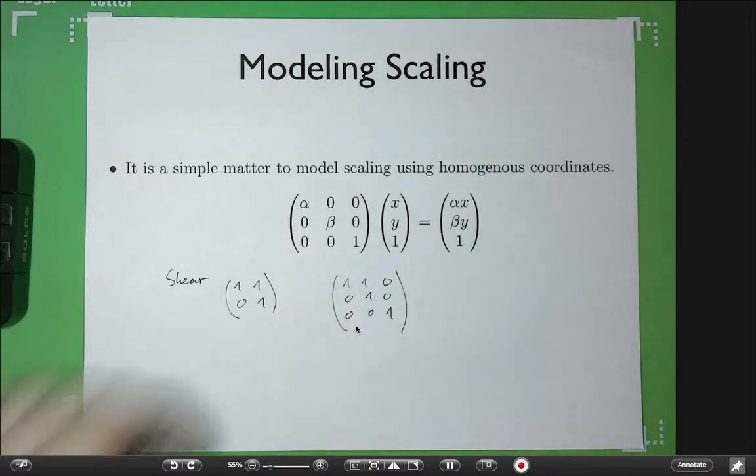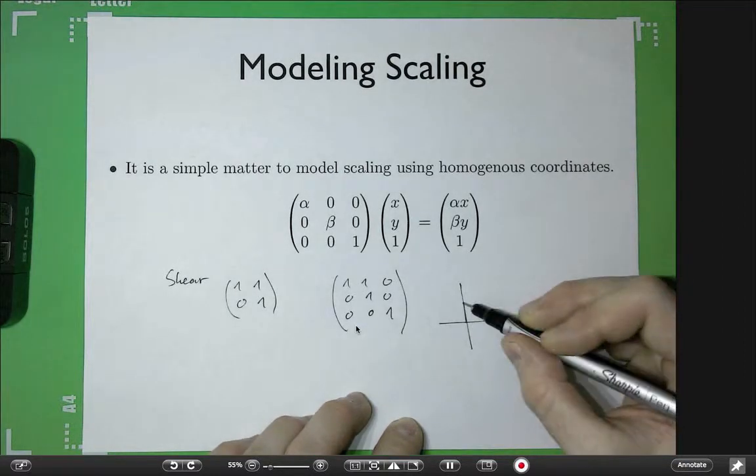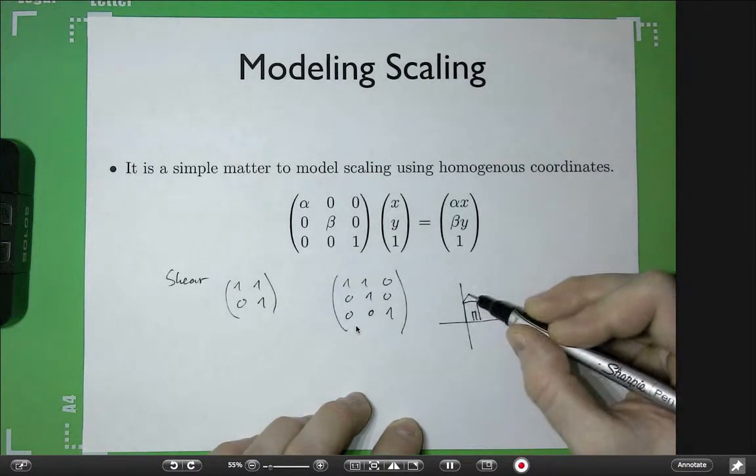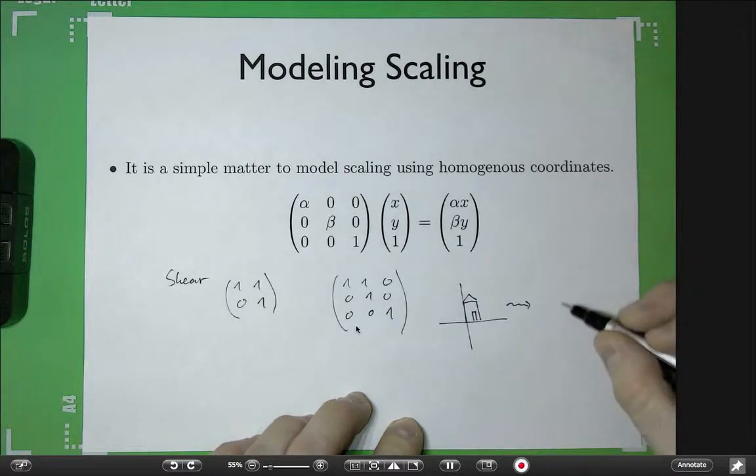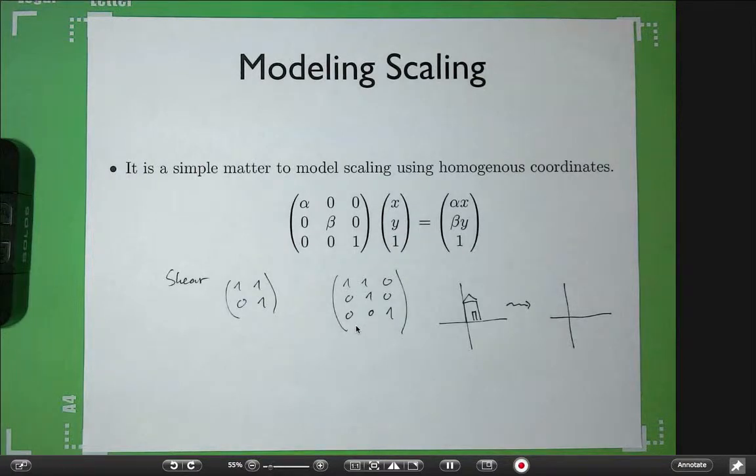Do you know what the shear transformation does? If I take an image like this and apply the shear, what does it look like? Yeah, it basically slants, it will end up something like this. And non-uniform scaling just means squishing or stretching in every axis.